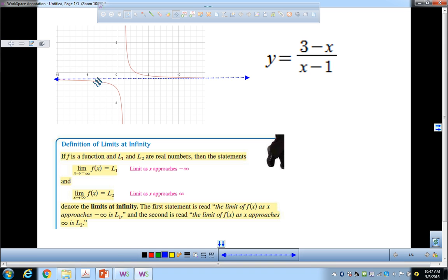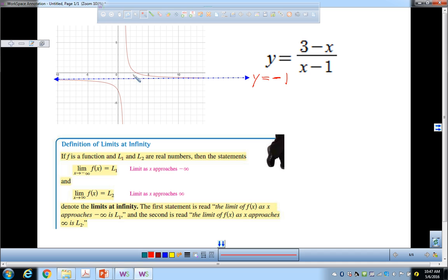And this graph has an asymptote at, what is the equation of this line? What's the equation? y equals -1. So it turns out that a horizontal asymptote and the limit as x goes to negative infinity and to positive infinity are the same thing.